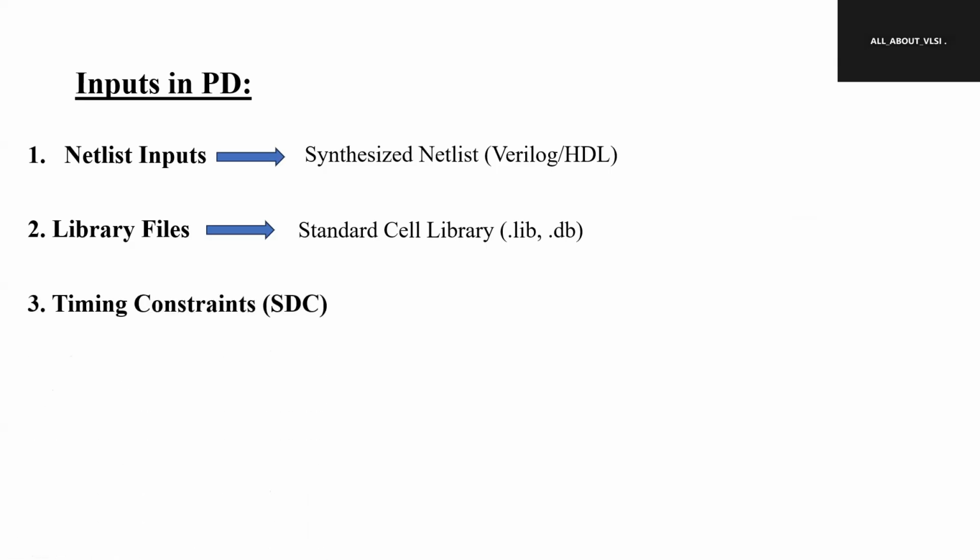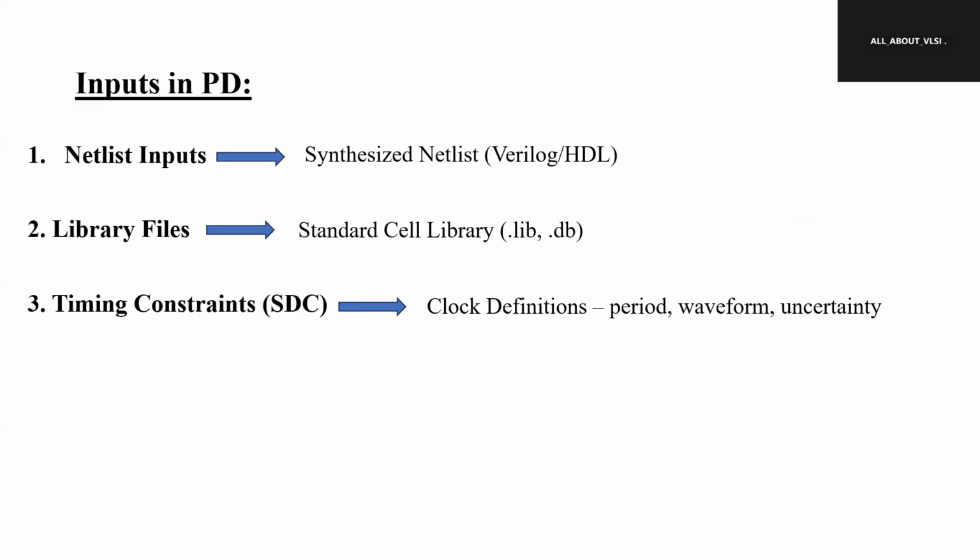And the third one is timing constraints, SDC, Synopsys Design Constraints, right? This file consists of complete clock definitions, like creating clocks, set input delay, output delay, set input transition, asynchronous clocks.